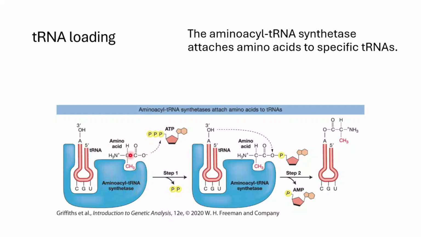This is just the enzyme that helps the maturation of the tRNA by adding the specific amino acid to it. This enzyme is adding amino acids to each of the specific tRNAs.